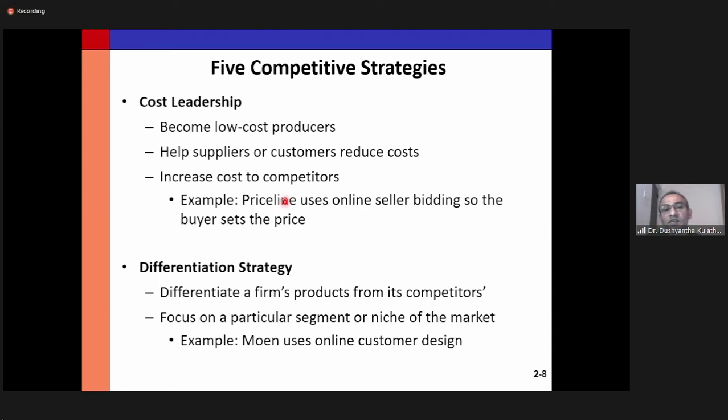I think through Priceline you can't buy an air ticket to travel from Colombo to another destination. But suppose you are in the US and you want to fly from New York to London, and you search the prices in Priceline and you see a price of $700 US. You feel that price is too high, and you feel that you will fly if you can buy the ticket at $500 US.